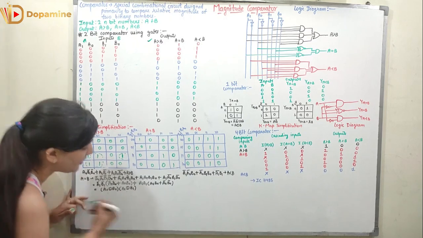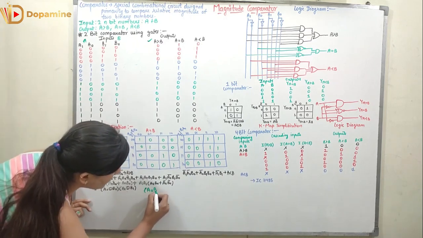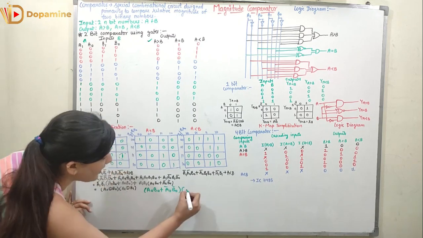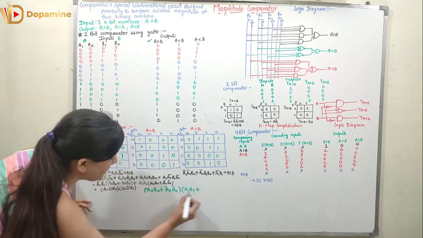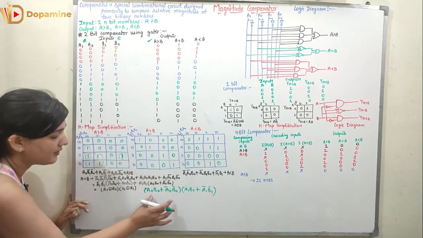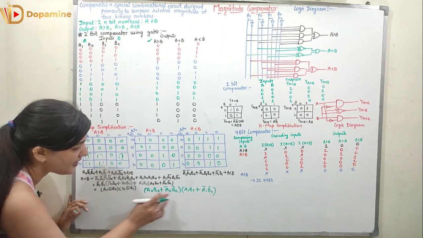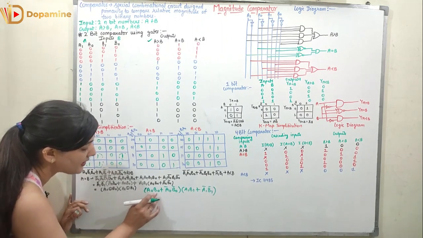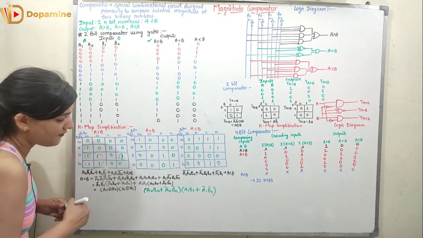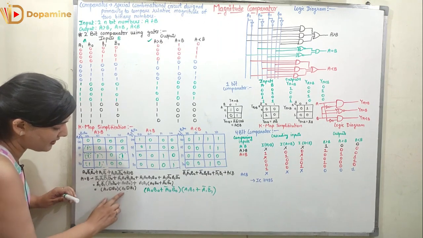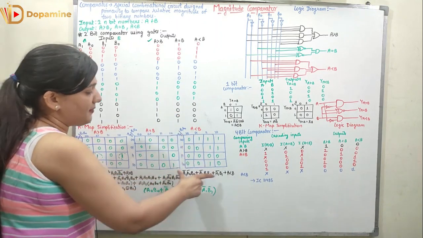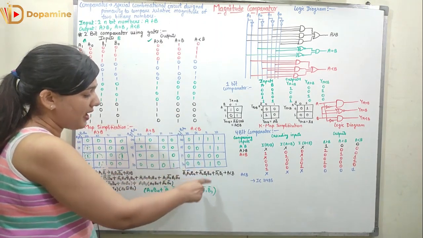If I take A0 B0 plus A0 bar B0 bar common, we will be left with A1 B1 plus A1 bar B1 bar. Now this is A0 XNOR B0 and this is A1 XNOR B1, so both are multiplied.